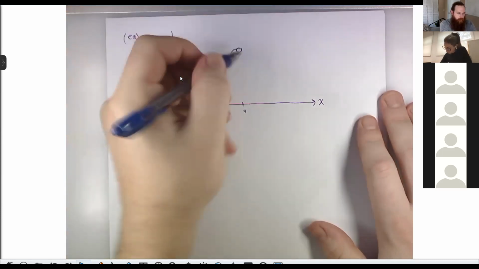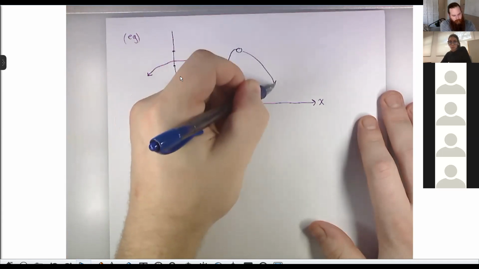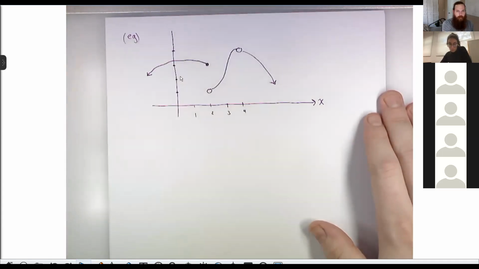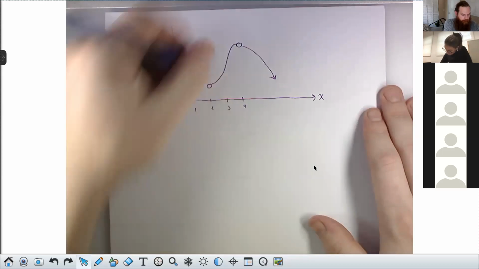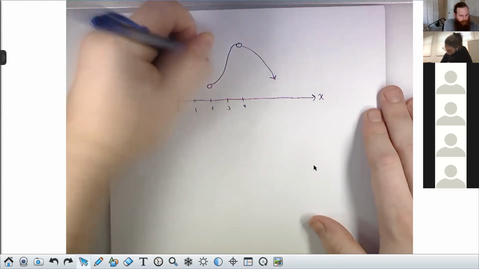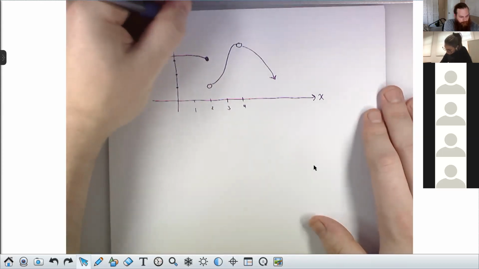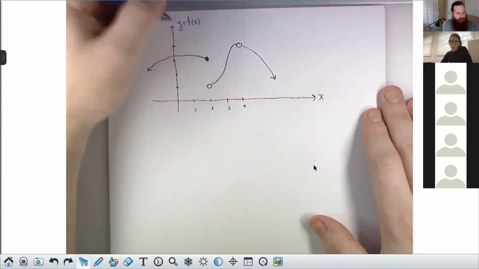And then from there, we just go off to the side. Okay. And we'll call this f of x. So this is the graph y equals f of x.